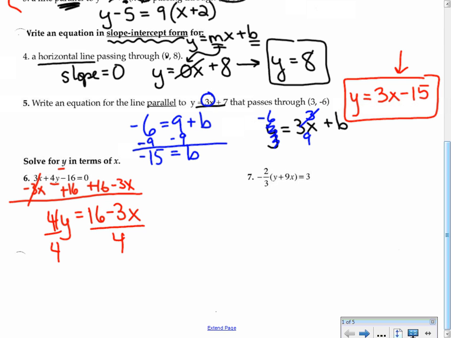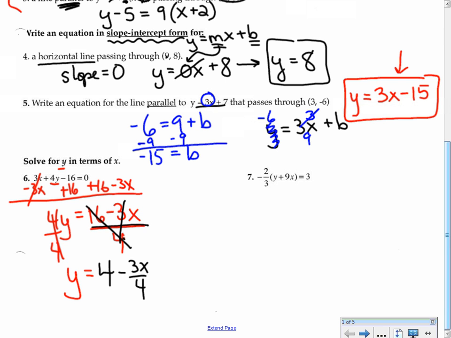All right, then we're going to divide by 4, and I got y equals, and there's no rhyme or reason to put what we consider the slope first. So I'll just divide just the way it is. When you're dividing the whole thing by 4, it's really important to realize that you're dividing both terms by 4. While 16 divided by 4 is 4, we also have to divide the 3x by 4.